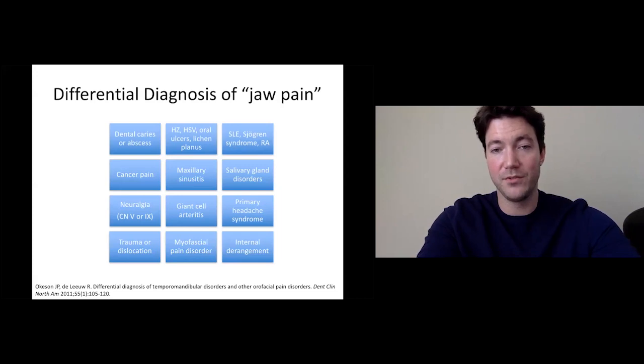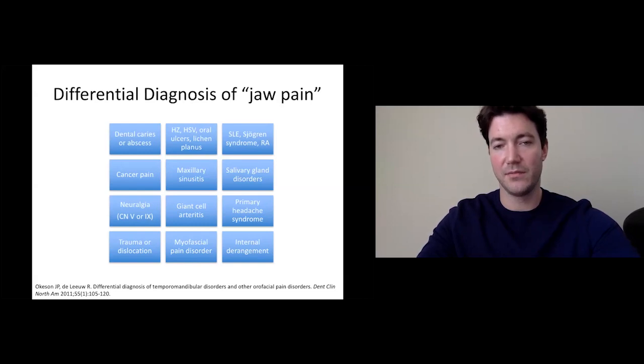But if you see that there are things going on and you can't find a diagnosis, again, send the patient along to an oral surgeon. We've seen a lot of these things over the years, and we'll have maybe a better chance of picking it up. Primary headache syndrome.